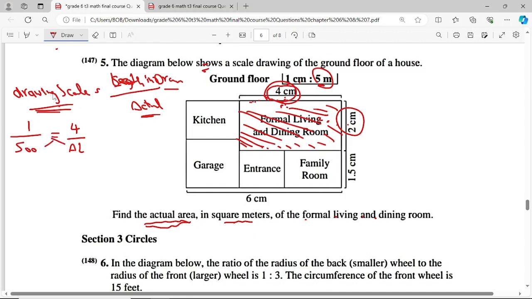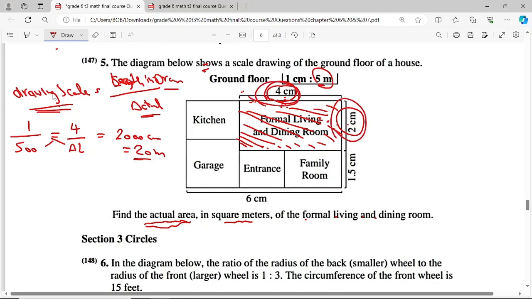So let's see, cross multiplication. So that means the actual length will be equal to 2000 centimeter. I have to change it to what? To meter. So that means it will equal 20 meter. This is for this side.